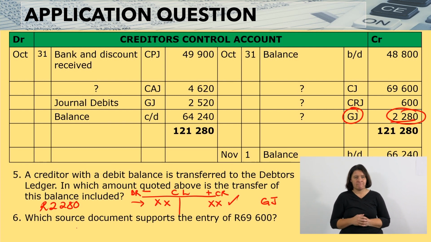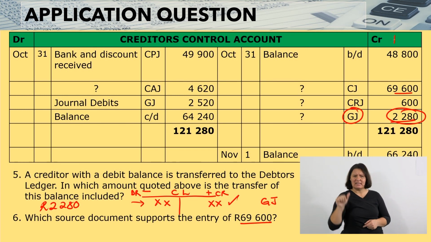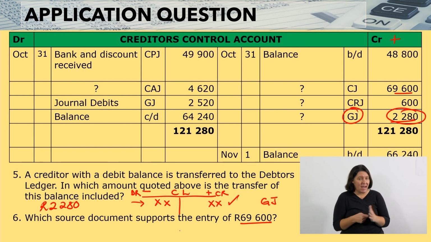Let me go to number 6. Which source document supports the entry of 69,600? Where is 69,600? On the credit side, what is this? This is our total purchases. And what is the source document that supports our purchases?